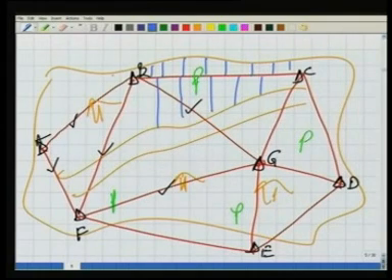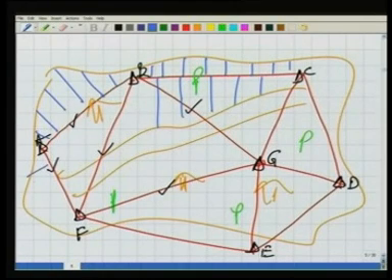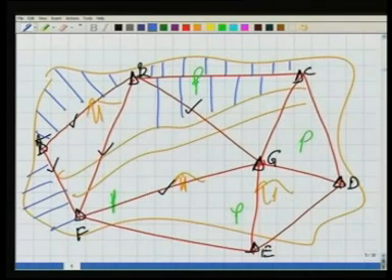For the boundary here, I can take these as the offsets. For the boundary here, I can use the line AF. For the boundary here, I can use line FE. Okay, take the offsets.